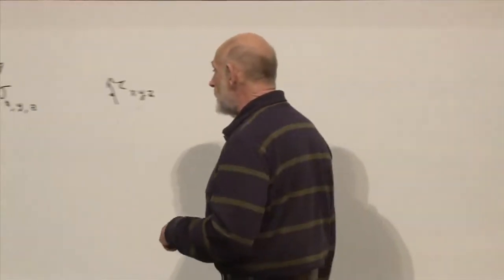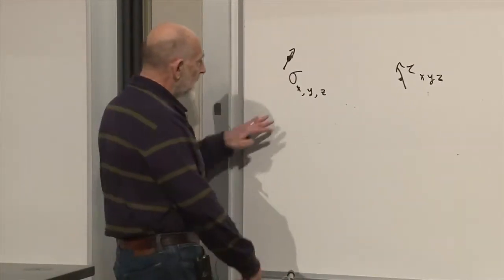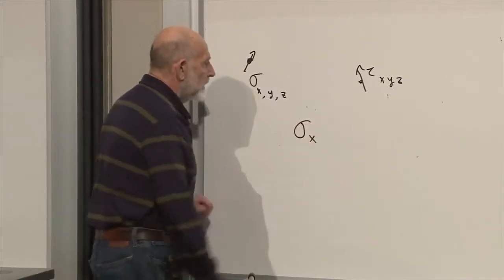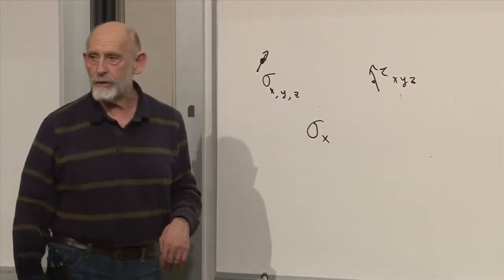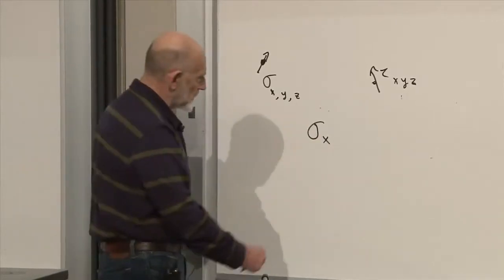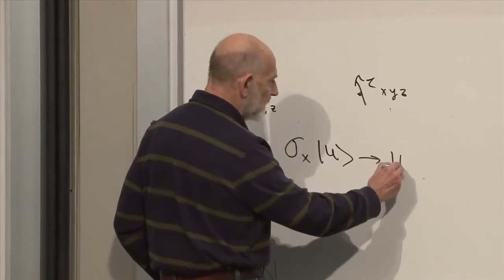All right, now you can sort of guess. I'll spell it out, but here's the rule. Let's take sigma x, and let's apply it to a state of the sigma system. Obviously, it belongs with the sigma system. If it applies to up, it gives down.